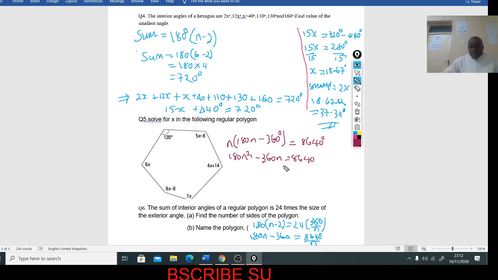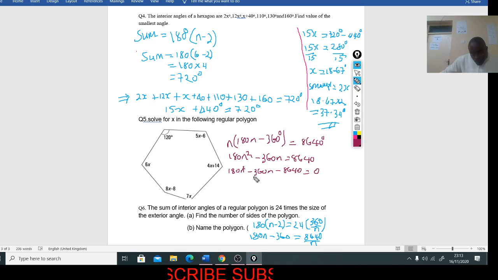So you realize that this can form a quadratic equation. So I will have to rearrange in quadratic form, ax squared plus bx plus c equals 0. So it will be 180n squared minus 360n minus 8640 equals 0.